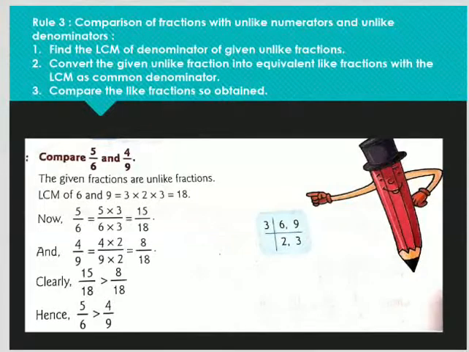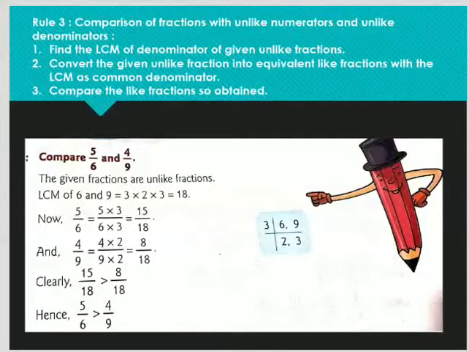Rule number 3: comparison of fractions with unlike numerators and unlike denominators. In this case, if the numerator and denominator both are different, then it is very simple. First you find the LCM of the denominators of the unlike fractions.